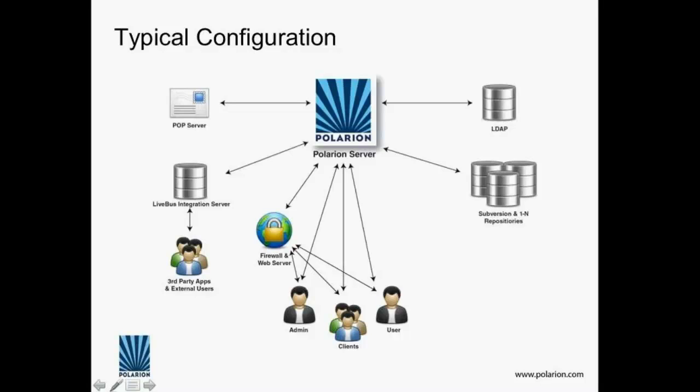And we can integrate directly into existing enterprise structures such as POP servers for email and LDAP or Active Directory for user authentication. Additionally, if you already have source code and material stored in external repositories from Polarian, we'll be able to monitor those Subversion and Git repositories to be able to tie into the existing methods that you have today for storing your data files.